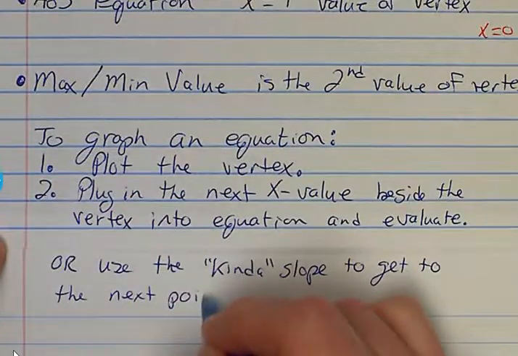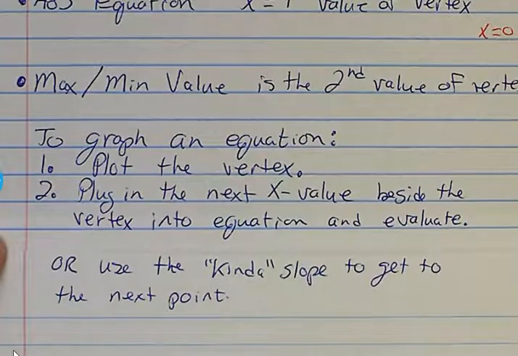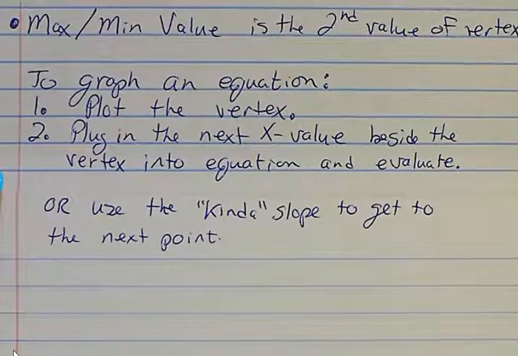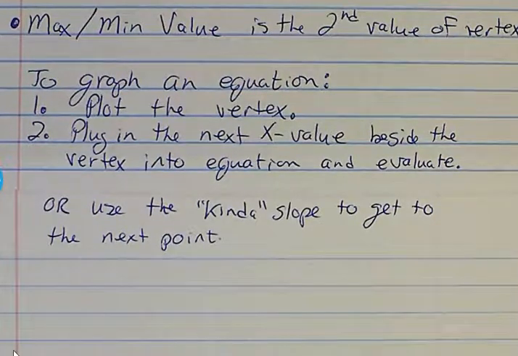So we're going to use that kind of slope just like we did with absolute value to get to the next point. It's kind of cheating because it's not really part of the rules, but once you know what's going on, it actually works out that way. That'll get you through any of the equations we've got to go through.